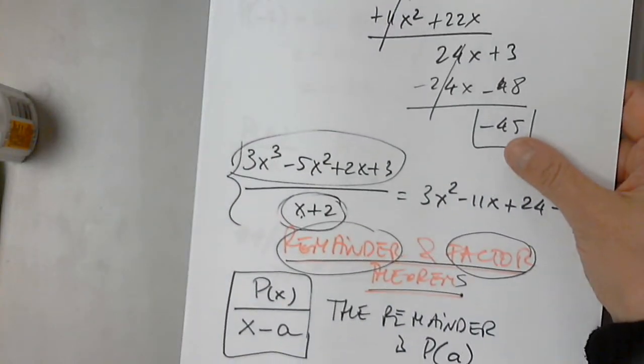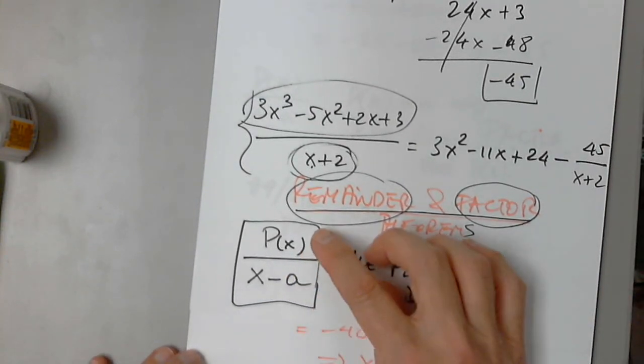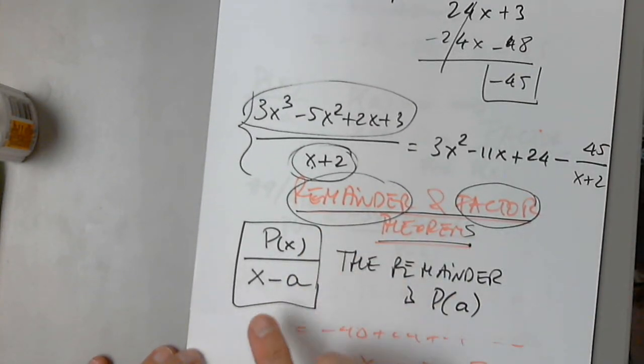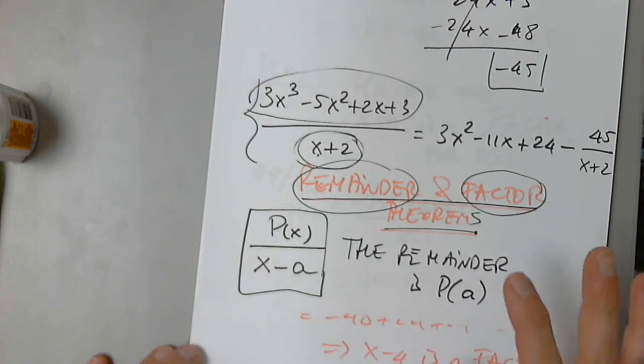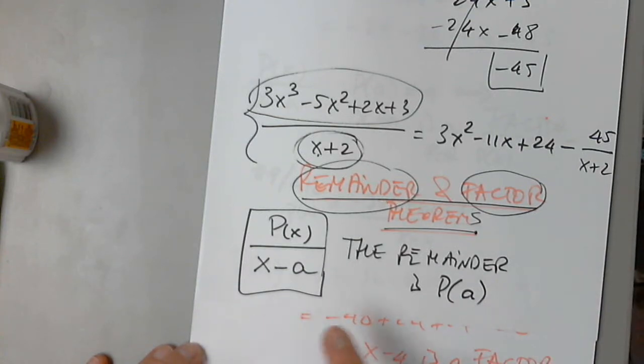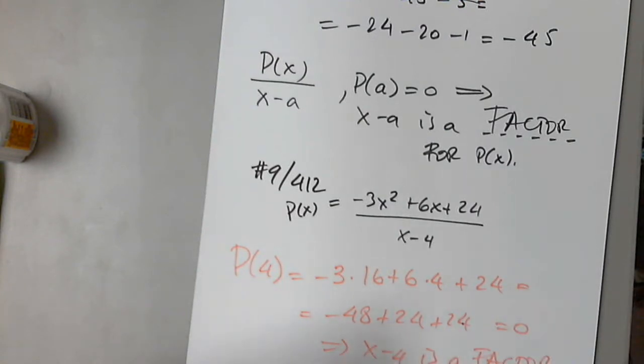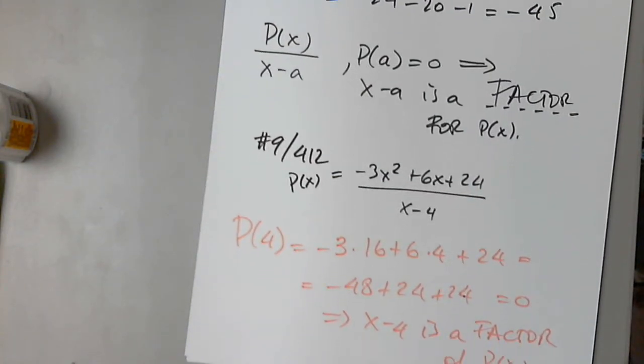When we divide a polynomial by x plus 1 or x minus 3 or x minus 7 or x plus 15, if we only want to determine the remainder, all we have to do is find p of a. Even if you had x plus 4 instead of x minus 4 under the denominator, of course you have to compare it to x minus a.